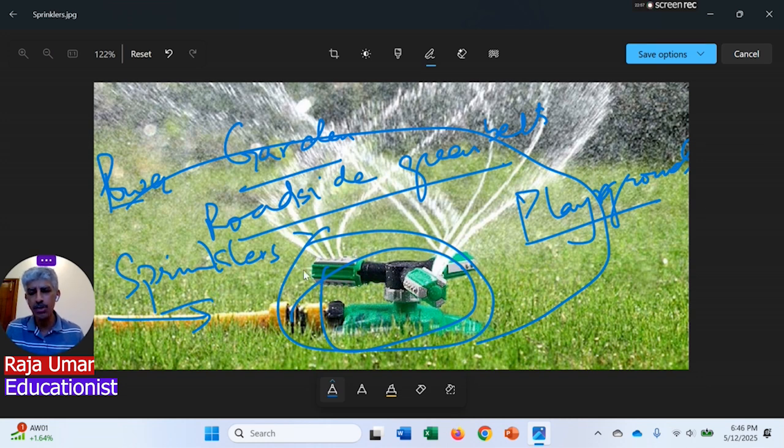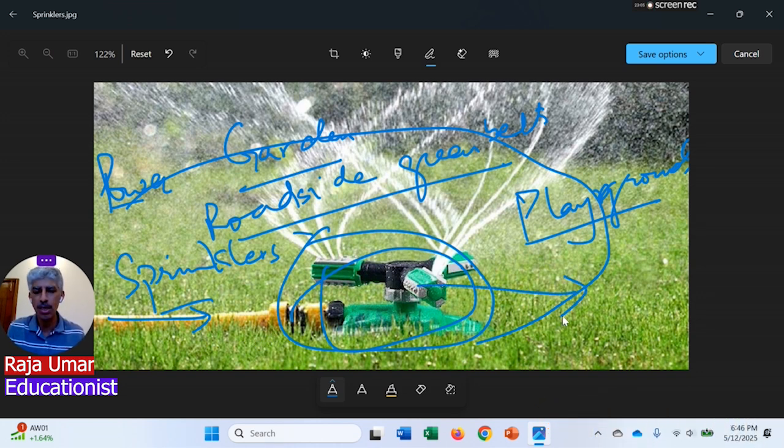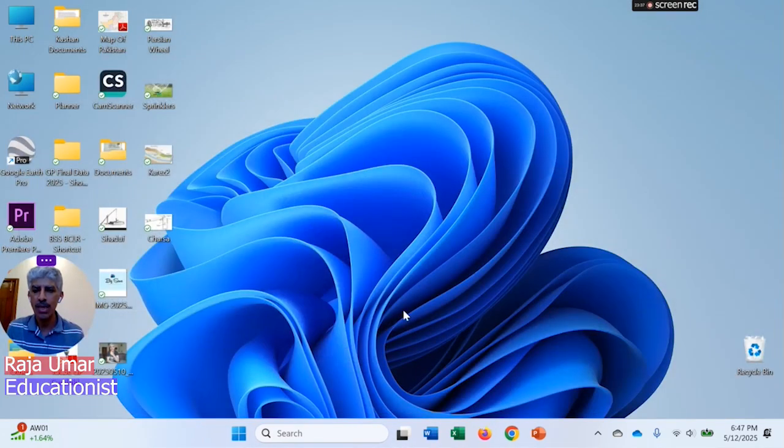If this structure is used to grow crops, you might need many such structures for a smaller piece of land, which will make things expensive, but water is saved, a smaller quantity of water is consumed, making this effective for areas where there is water deficiency, and that smaller quantity of water can be useful to irrigate some areas. This is how the sprinklers are used, and this is how their structure is.